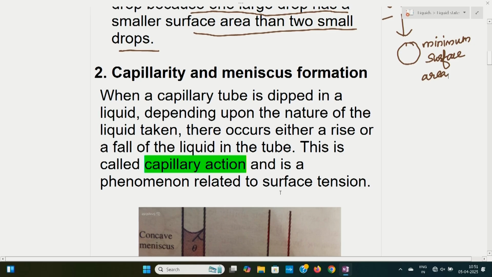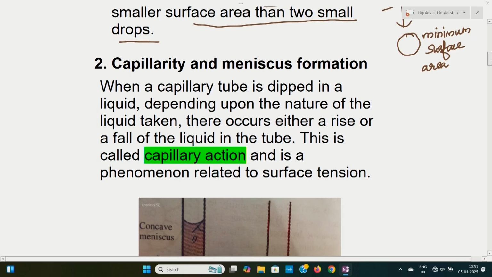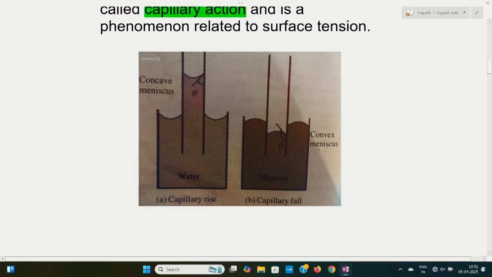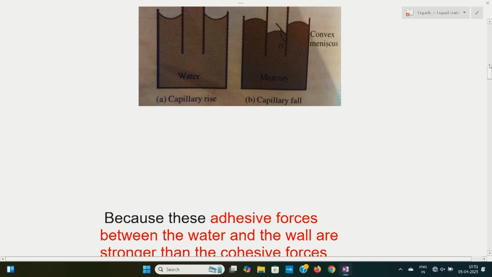If we explain this a little more, here we have water in a beaker, and we are dipping one small capillary tube inside the water.